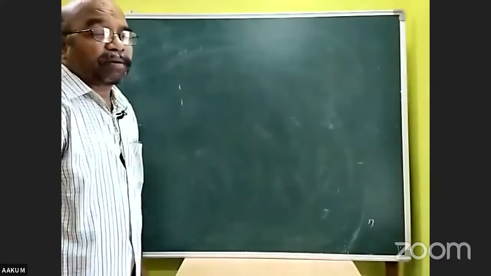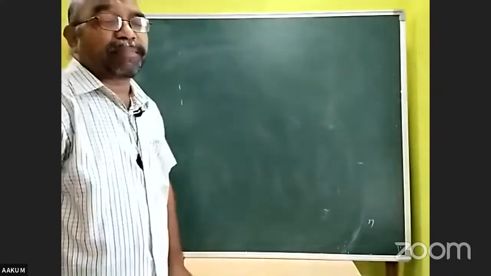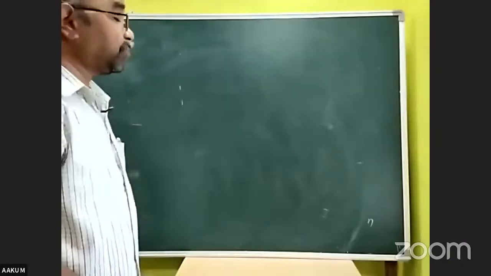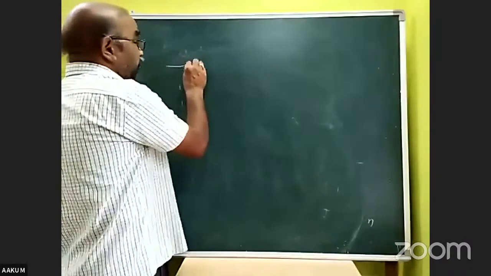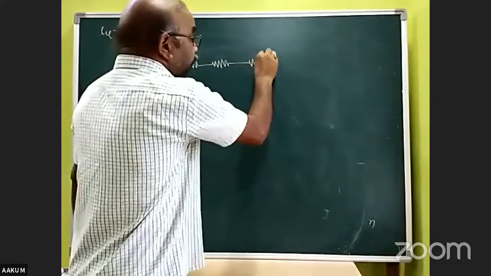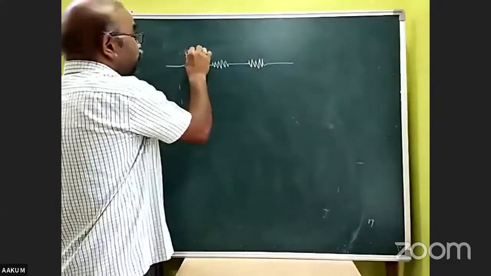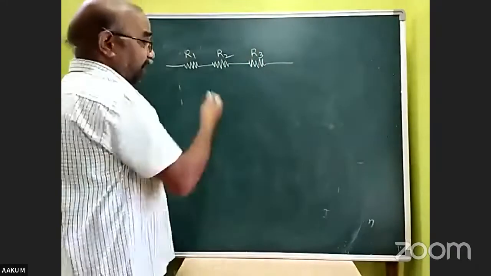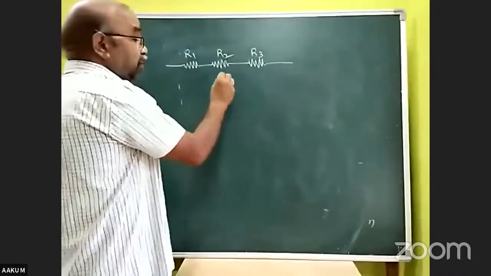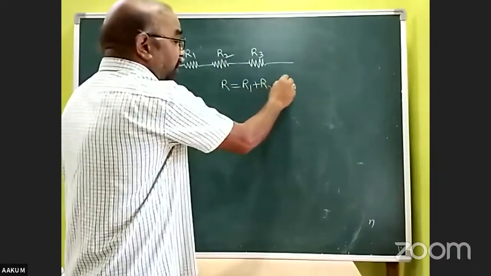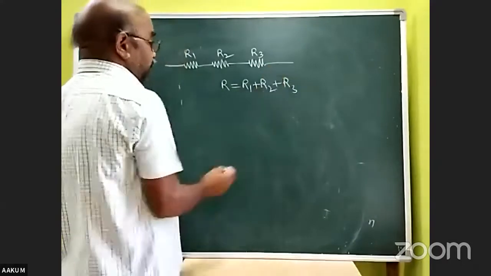We will discuss some problems regarding series combination and parallel combination of resistors. Already we know that if resistors are connected in series like this, one after the other, the resultant or effective resistance is R1 plus R2 plus R3.